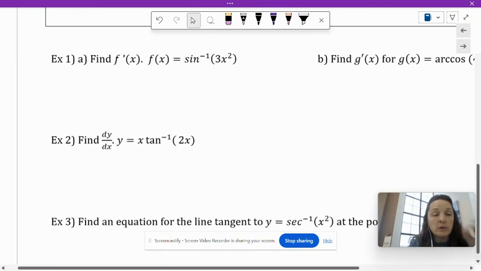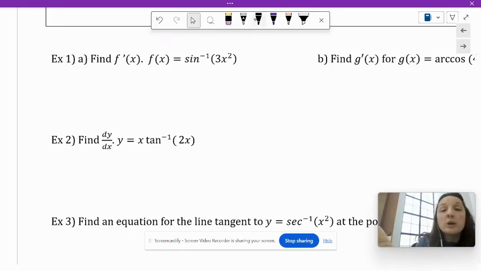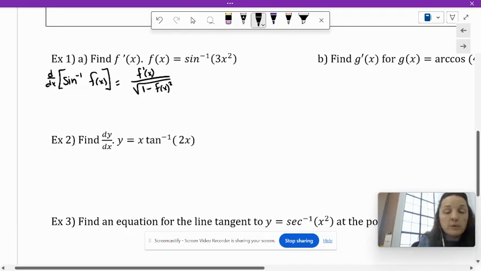If we come down here, it says find f prime of x, where f of x is inverse sine 3x squared. The derivative of inverse sine of f of x is f prime of x over the square root of 1 minus f of x squared. This is what I'm considering f of x.